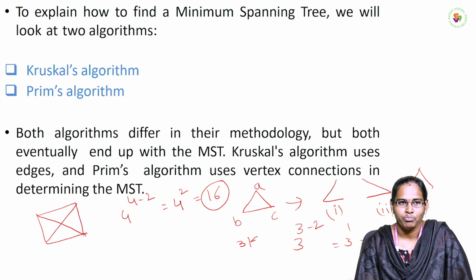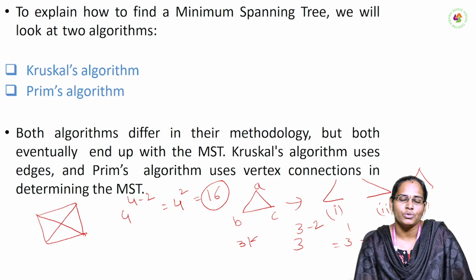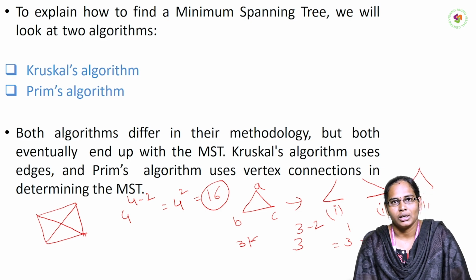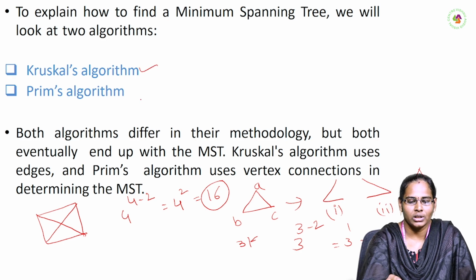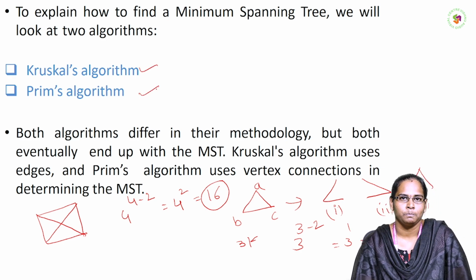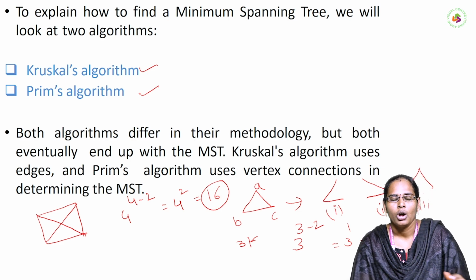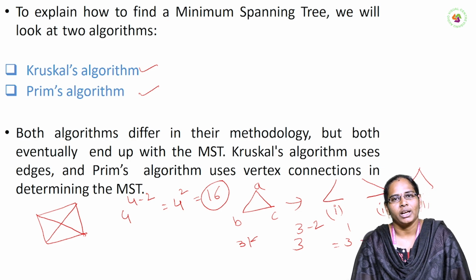So, to overcome this problem, we use 2 algorithms to find minimum spanning trees, MSTs. So, what are those 2 algorithms? Kruskal's algorithm and Prim's algorithm. Using these 2, you can find a minimum spanning tree very simply.